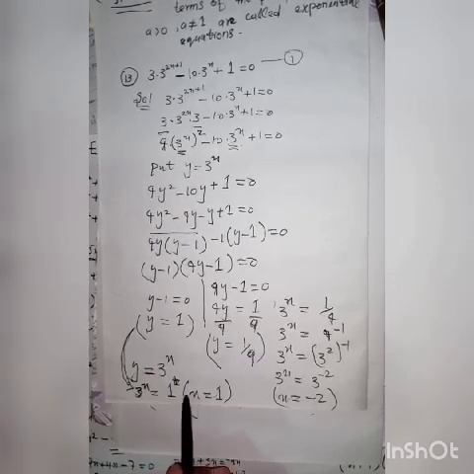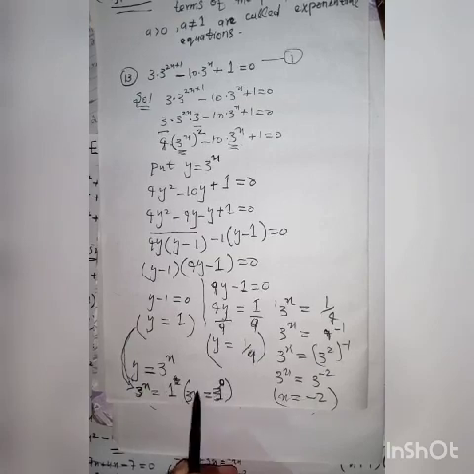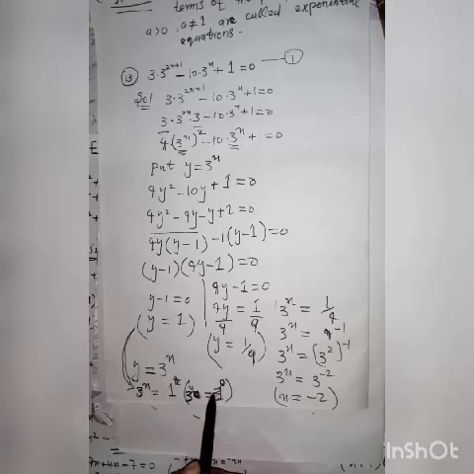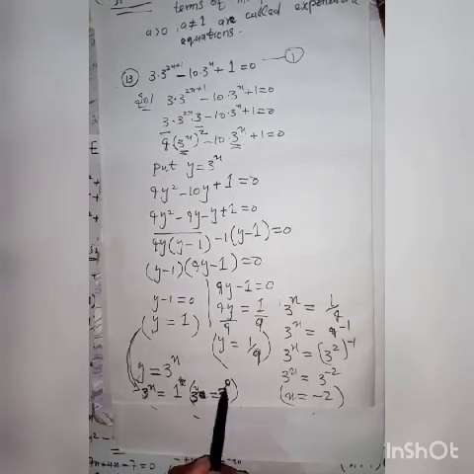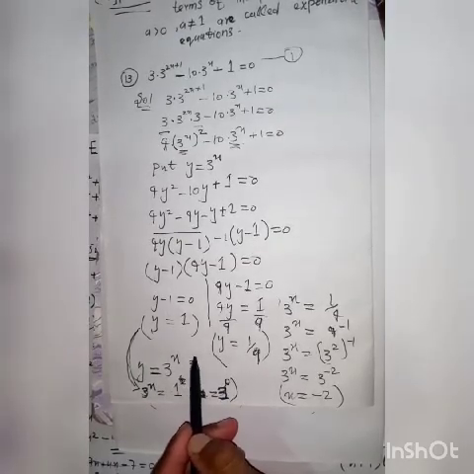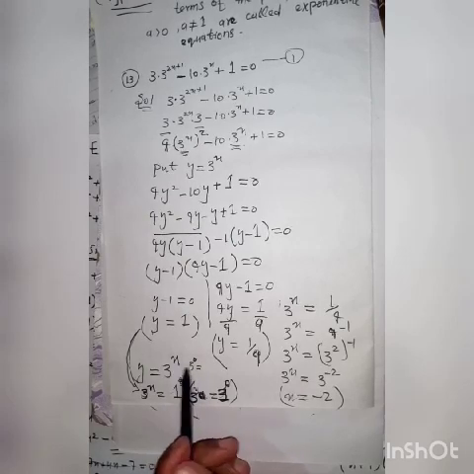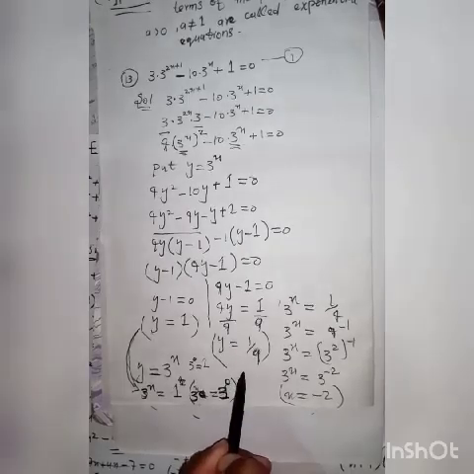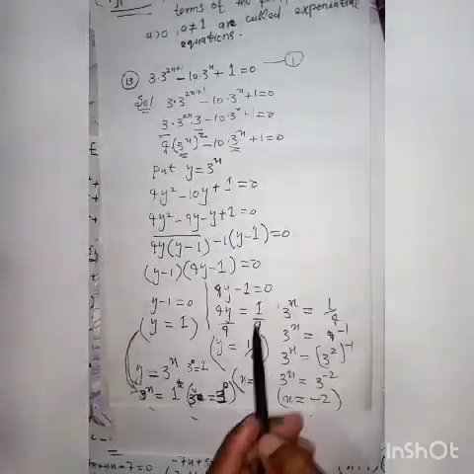So we can write 3^x is equal to 3^0, because we know that any real number to the power 0 is equal to 1. So we get x is equal to 0.